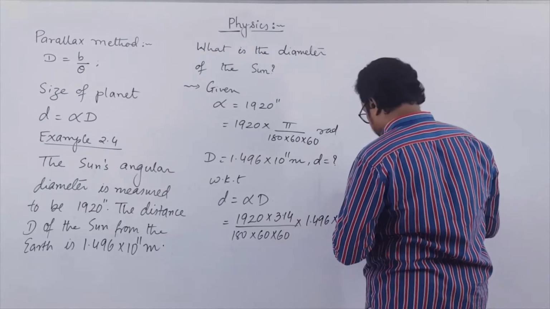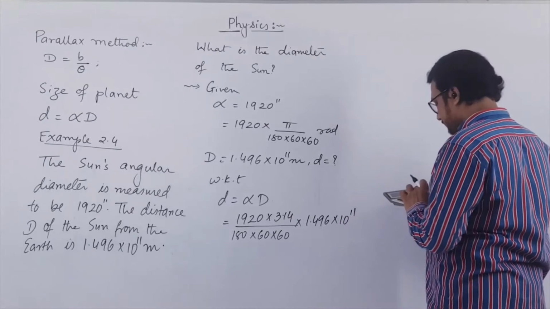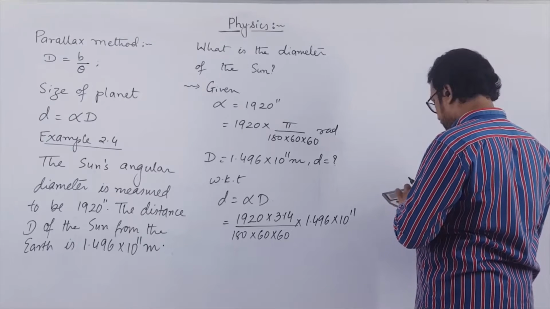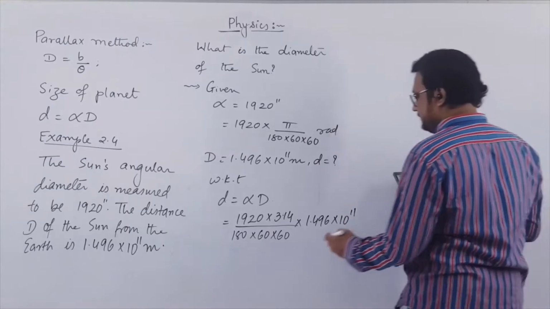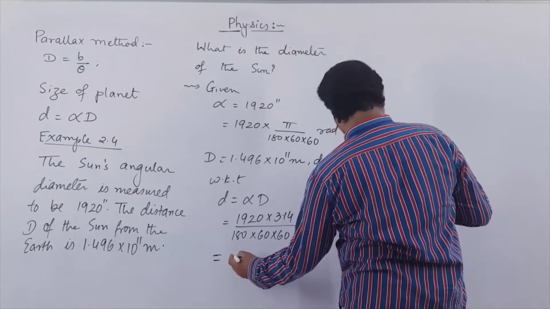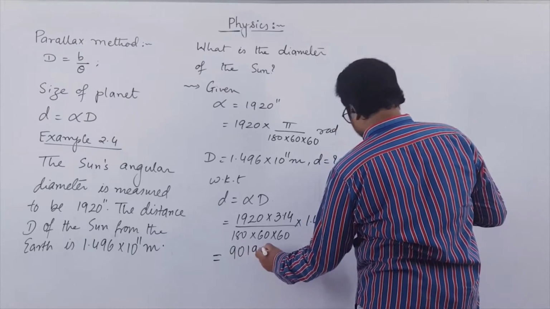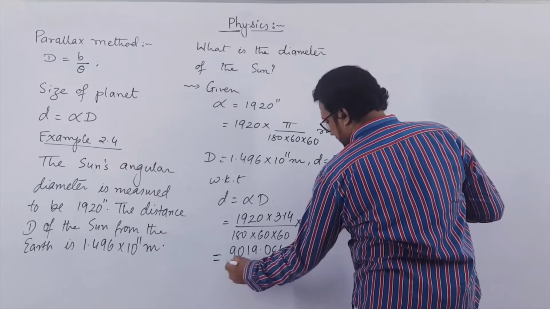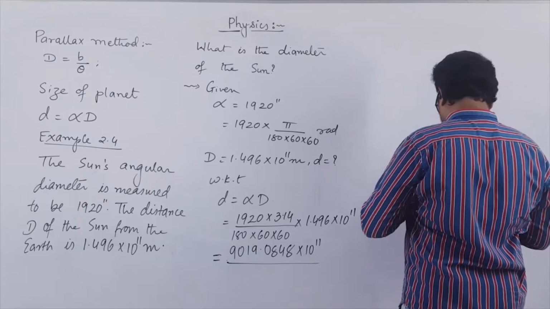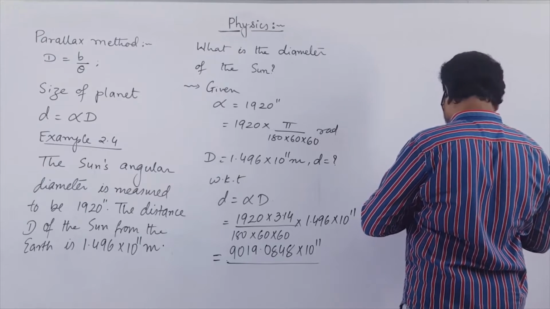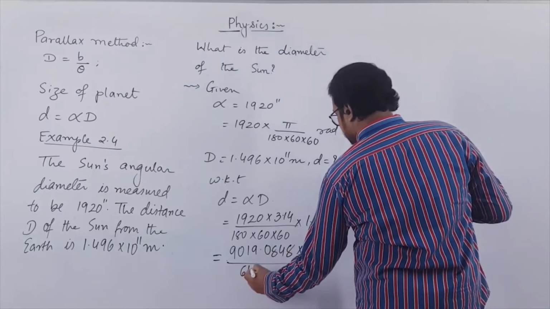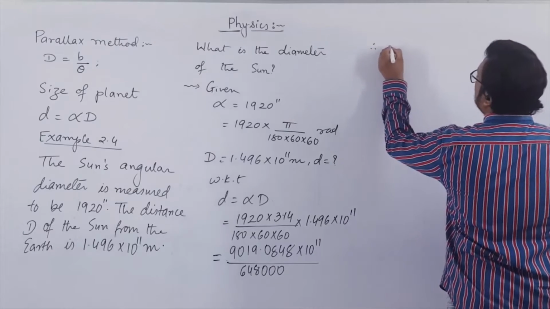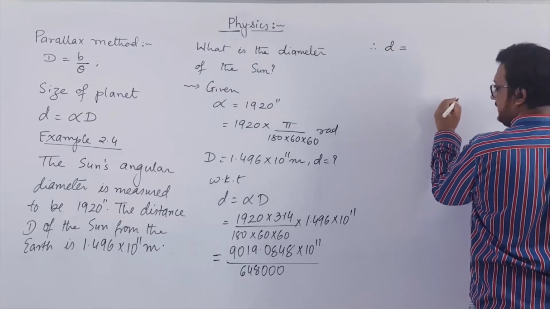If we multiply this, we get 1920 into 3.14 into 1.496, which will be equal to 9019.0848 into 10 to the power 11, divided by 180 into 60 into 60, which gives us 648000.